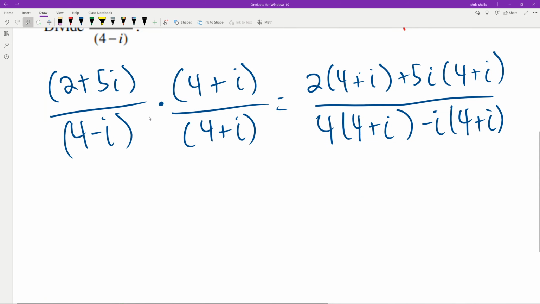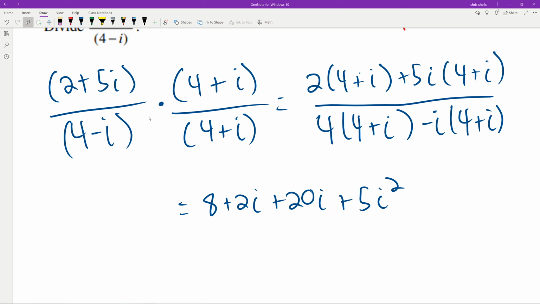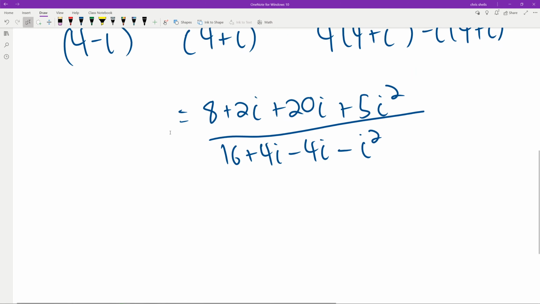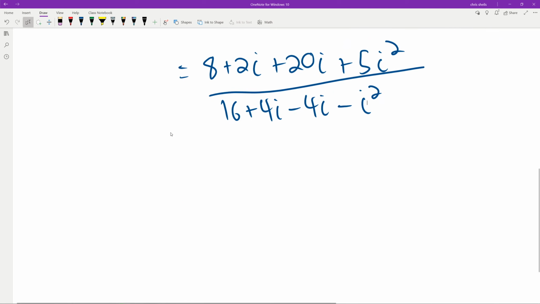And now I simplify. This is going to be 8 plus 2i plus 20i plus 5i squared divided by 16 plus 4i minus 4i minus i squared. Remember, i squared is negative 1.